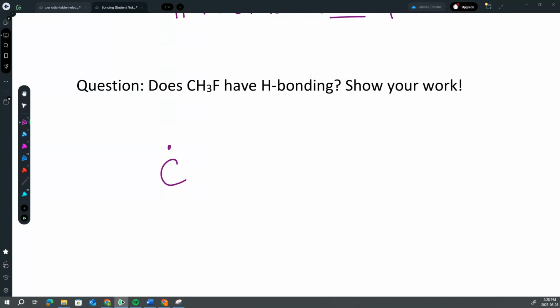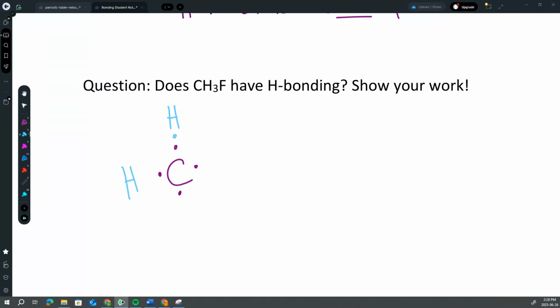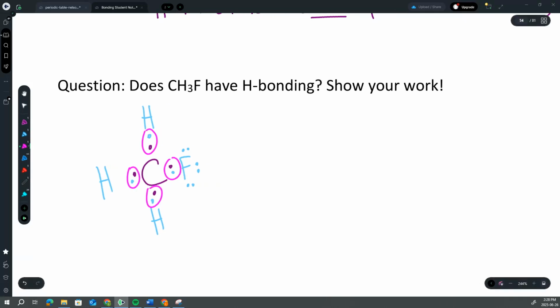So carbon, it's in group 14, so it has 4 valence electrons, and I'm going to strategically place the hydrogens and fluorine, there's only one fluorine here, so my bonding electrons are all paired up.